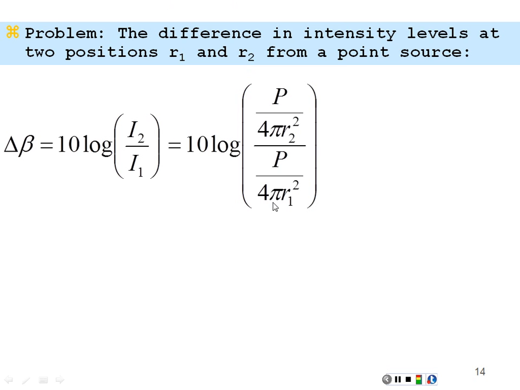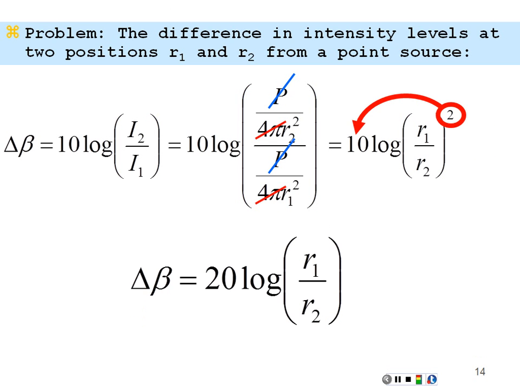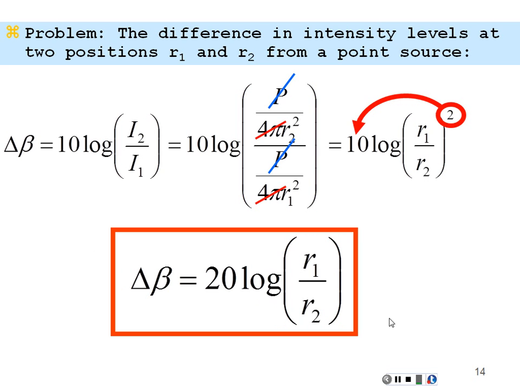The powers cancel out. The 1 over 4 pi's cancel out. And we rearrange this as being 10 log of R1 divided by R2, squared. I'm going to bring the power out front, so bring the 2 down. And I have that my change in intensity level between two locations, R1 and R2 from the same source, is 20 times the log of R1 over R2. So that could be a somewhat useful formula if we were trying to compare 2 points from the same sound source.